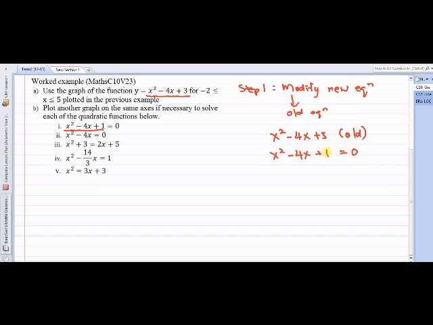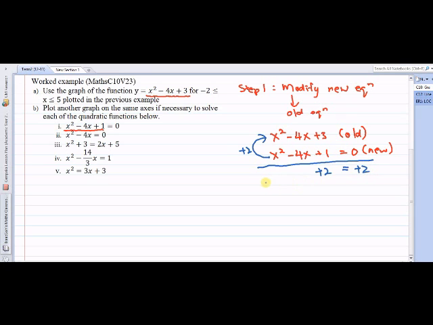By comparing the old and the new equations, we know that the difference between them is 2, which means that if I add 2 to the new equation, I can make the new equation look like the old equation. And because this is an equation, whatever I do to the right of the equation, I have to redo to the left part of the equation as well.